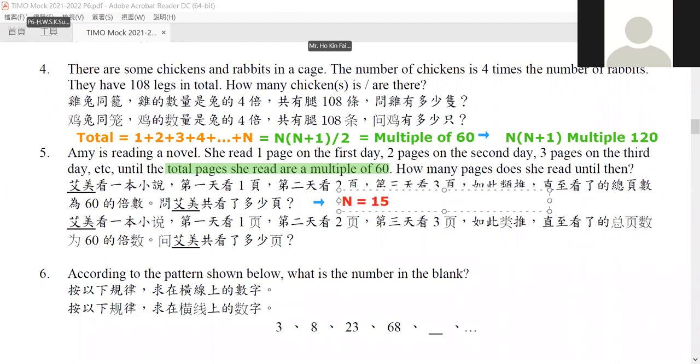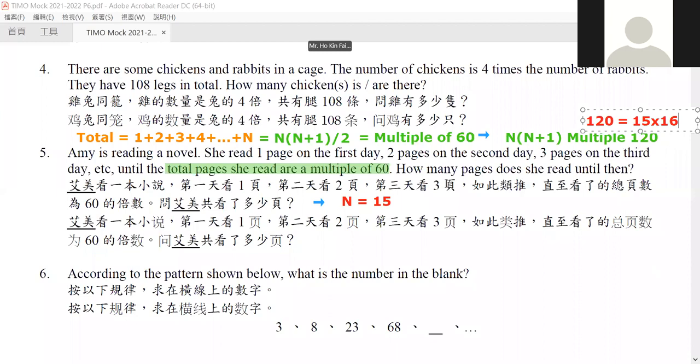Now you may ask, wait, how can I find this number? Well, this is not difficult, because in fact, the smallest multiple of 120 is 120 itself, and 120 is exactly equal to 15 times 16, right?